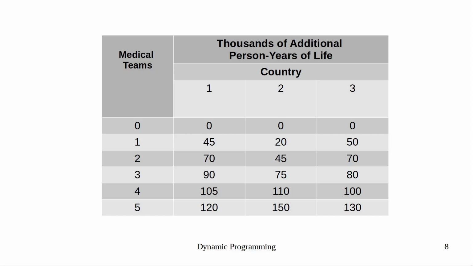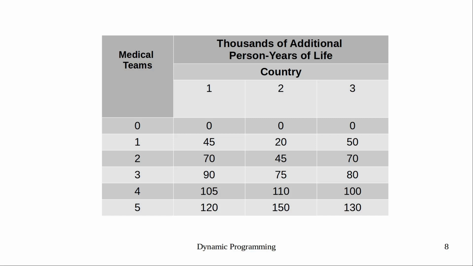So we allocate teams to country number 1. Then we move to country number 2 and allocate teams there. Whatever is left over from country number 1, the rest is allocated to country number 2. And whatever is left over from country number 2 is again allocated to country number 3.